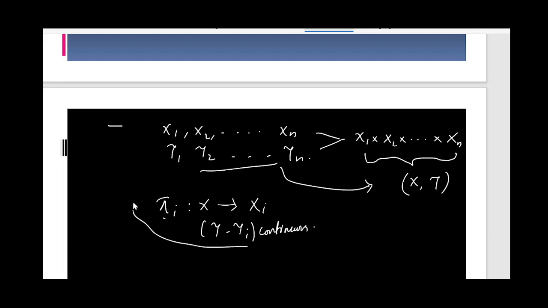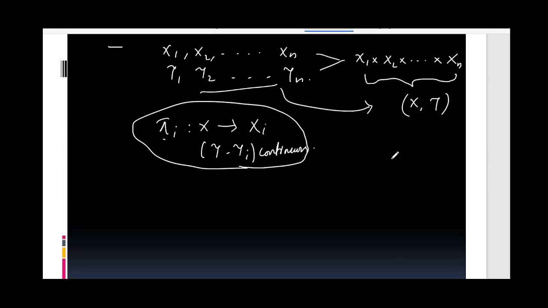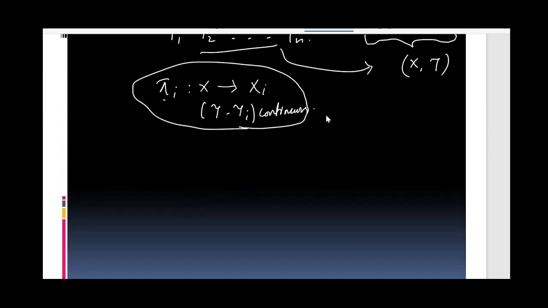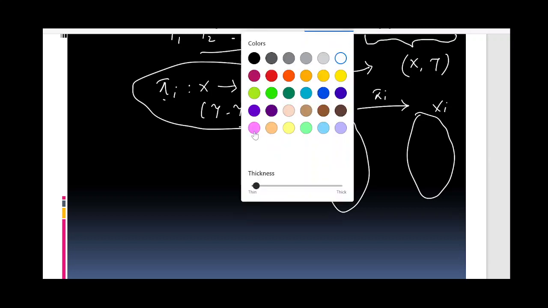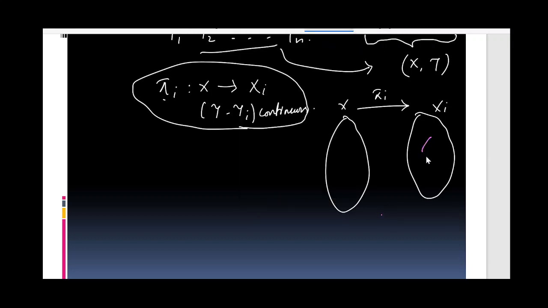So we want to prove this. What is the method of proving something is continuous? We go from X to Xi, with my projection pi i. In order to prove this, we should take an open set in Xi and go for its inverse image, pi i inverse.